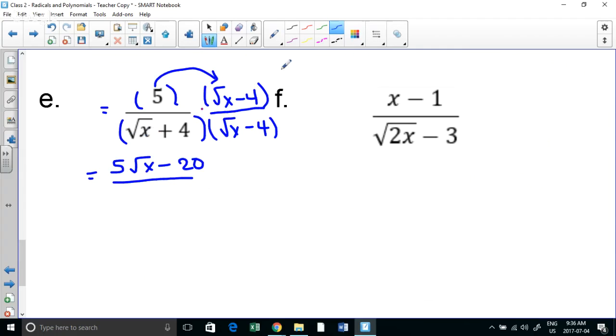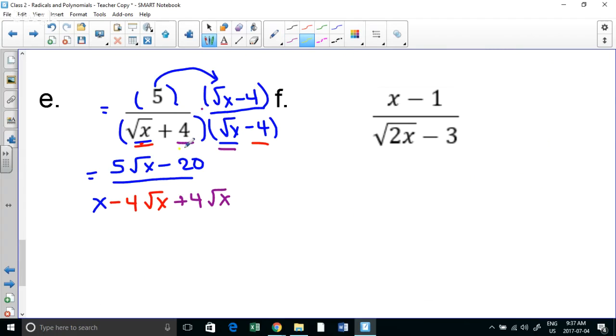Here we get, once again, this one times this one, which gives me x. This one times this one gives me minus 4 root of x. This one times this one is plus 4 root of x.